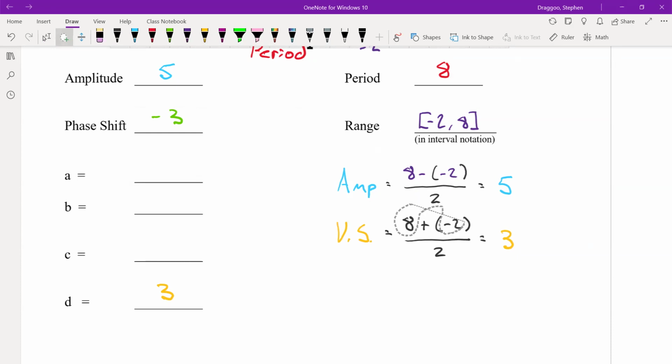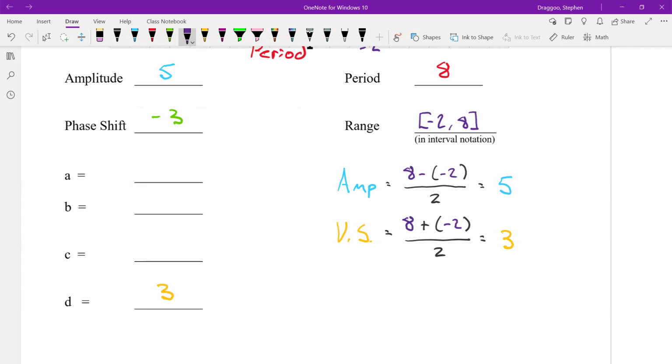And again, those numbers are coming from right here. So that's the actual mathematical calculation I could have done to find 5 and 3. Or if you just want to justify it by saying half the length versus the number right in the middle, I think that conceptually makes more sense and is easy to remember. But there is a formula you can just plug stuff into if you prefer it that way.